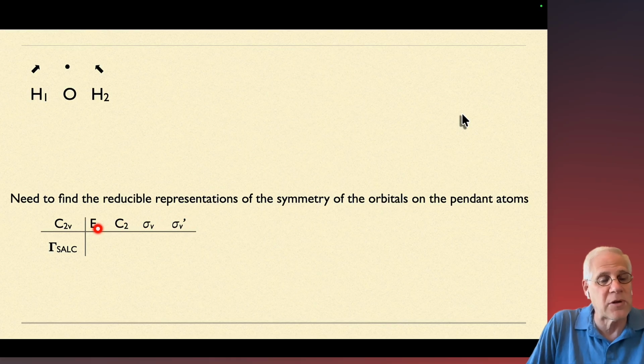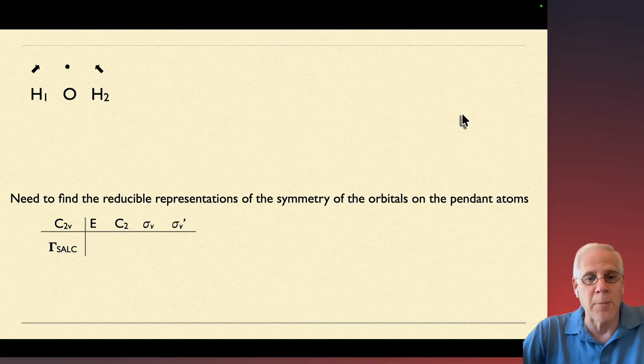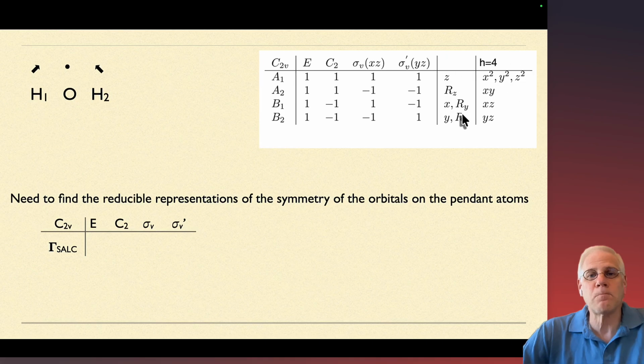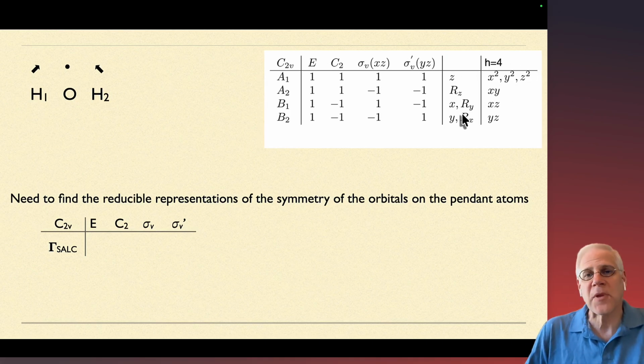We saw both of those in the last part of the lecture. So gamma SALC just means what are the traces for my different operations. And so here's our character table here. This is a little bit more complete than what we saw earlier. Again, we see the sigma v and the sigma v prime, and they also give us our axes there. We see some different things over here.